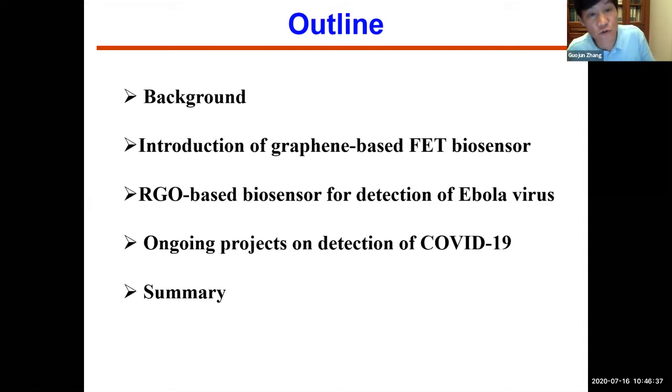Then I will introduce the graphene-based FET biosensor. Afterwards, I will present how this biosensor can be used for detection of Ebola virus. Subsequently, I will talk about our ongoing project on detection of COVID-19. Finally, I will make a summary.